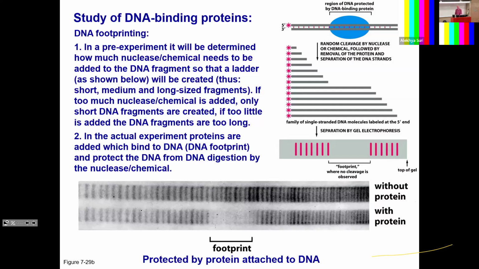When you run this side by side, you can determine on the nucleotide level where the transcription factor or DNA binding protein is binding to DNA. So memorize: the gel shift assay tells you just binding or not binding, it doesn't tell you where. This method tells you where it's binding. This is called a footprint.